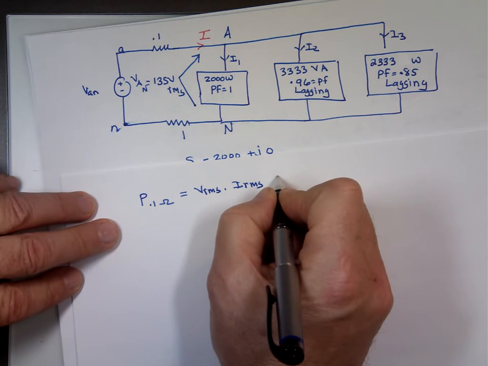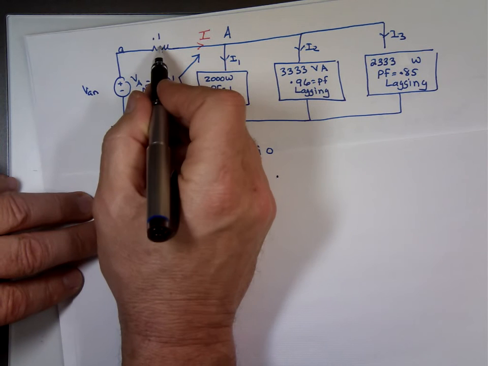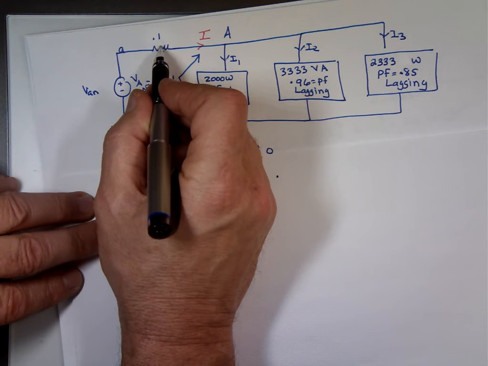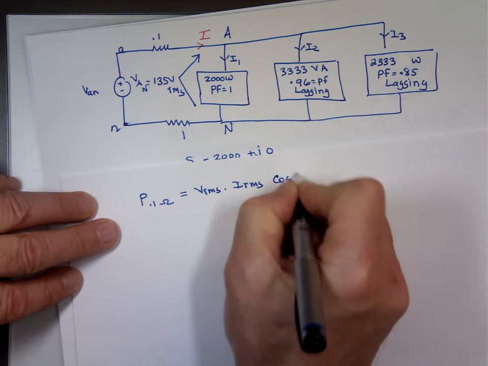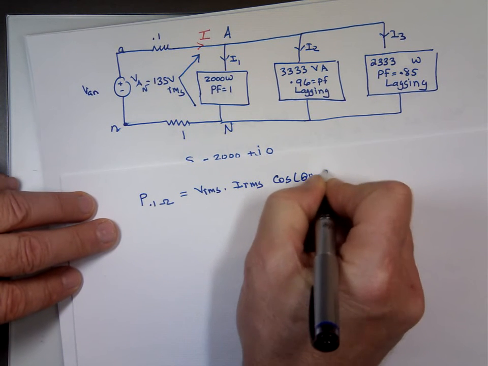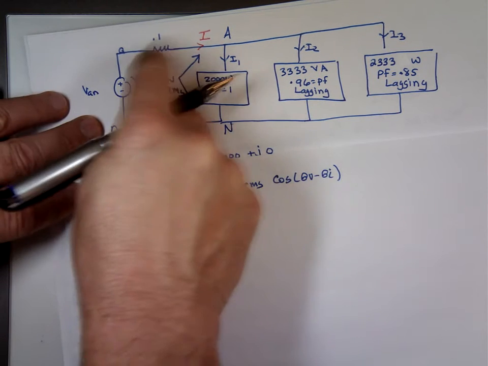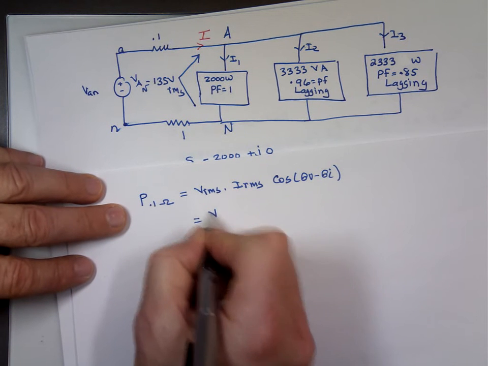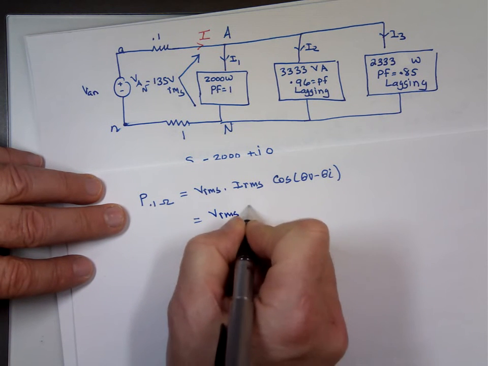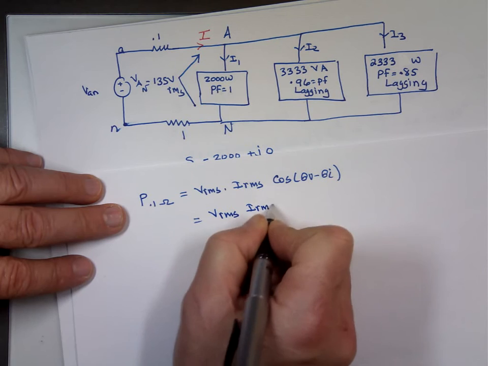Well, the phase shift is going to be 0, so times 1, because it is cosine of theta V minus theta I, but theta V minus theta I is going to be a 0 phase shift here. So it's really going to be VRMS times IRMS. When I say VRMS, it's VRMS of this guy, the 0.1.